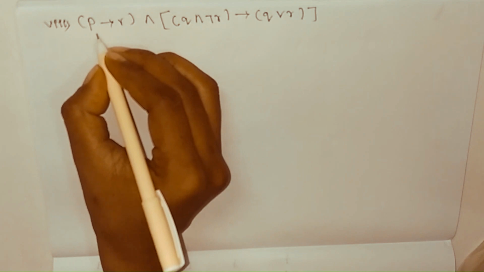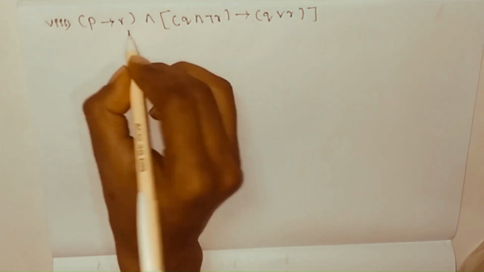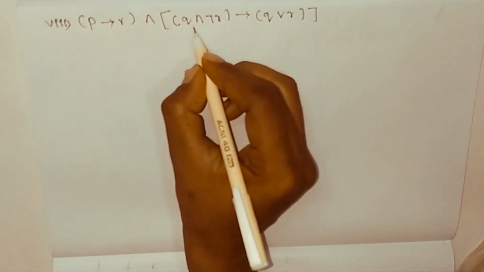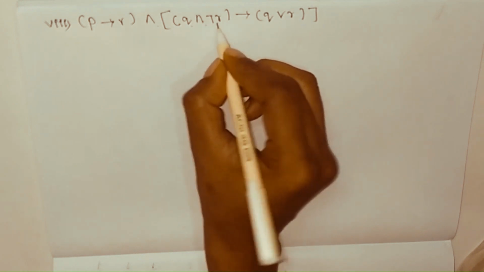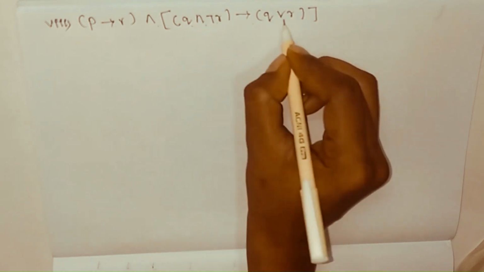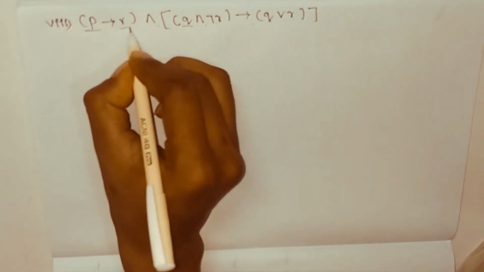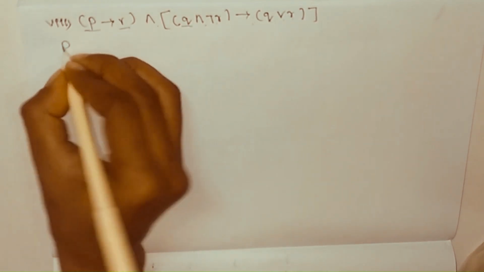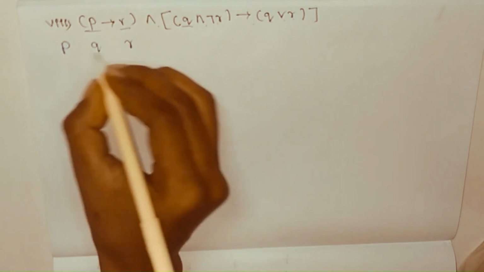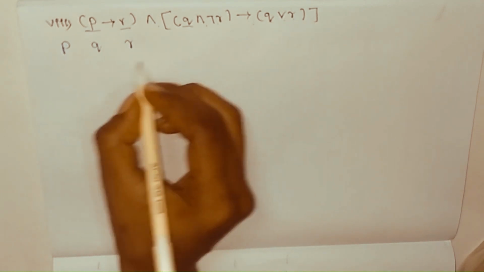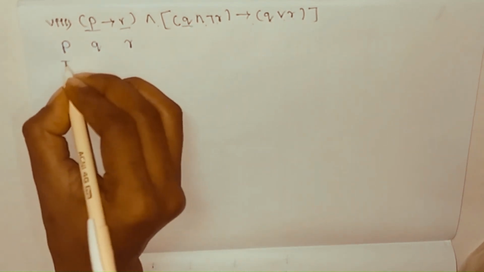And the last example is P implies R and Q and negation R implies Q or R. Here we have three statements, P, Q and R. If three statements are there, then the possible truth values are 8.